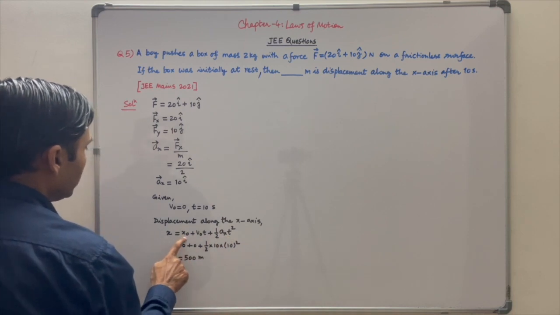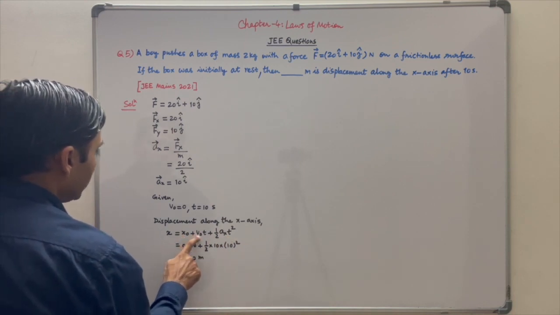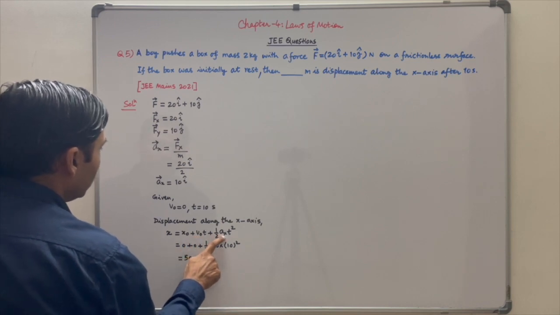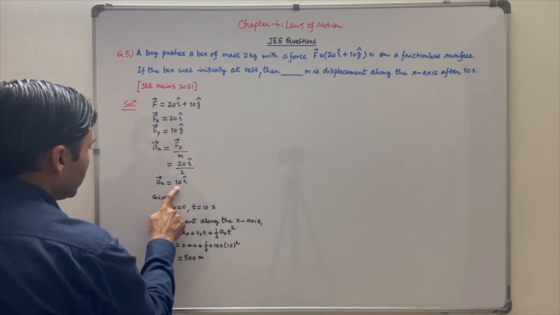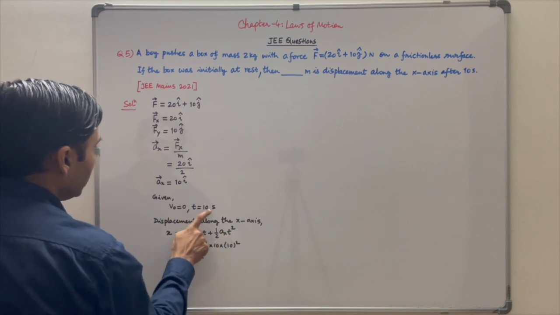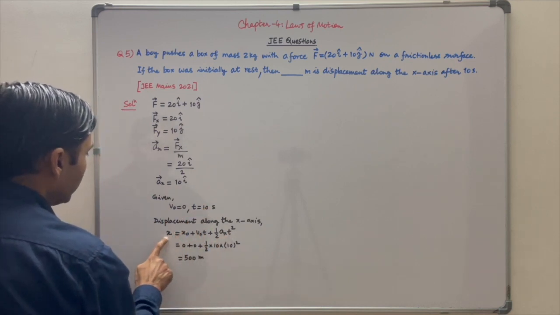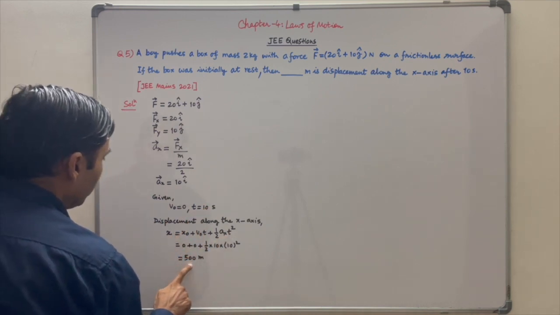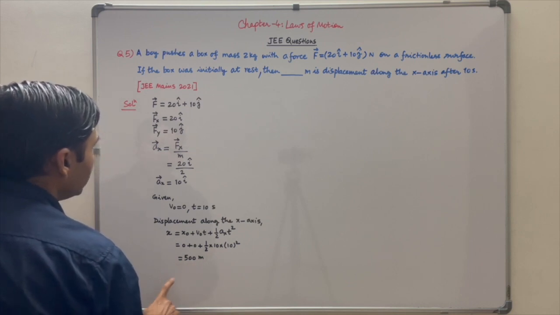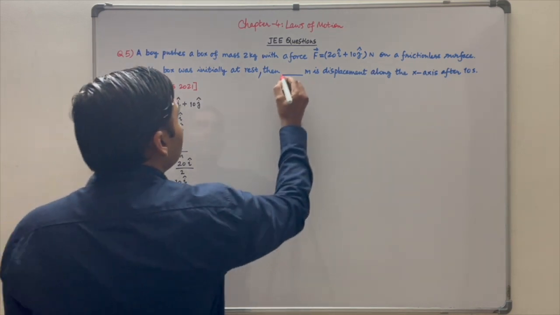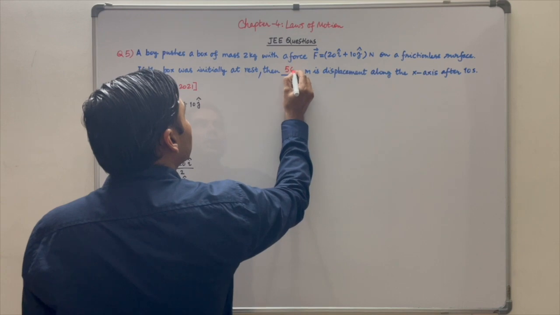Initial displacement was 0. Initial velocity is 0 as the box was at rest. Ax is equal to 10 meter per second square. T is given as 10 seconds. So x comes out to be equal to 500 meter and that is the answer. So we will fill 500 here.